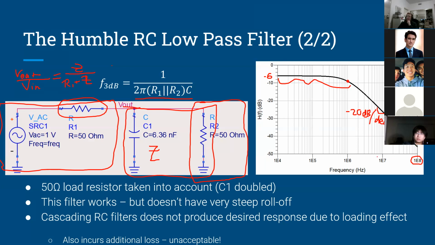But oftentimes frequencies are much closer together, and you have to essentially increase this roll-off rate such that you get more rejection at lower frequencies. So let's say I have some signal at 2 megahertz, which is right here.